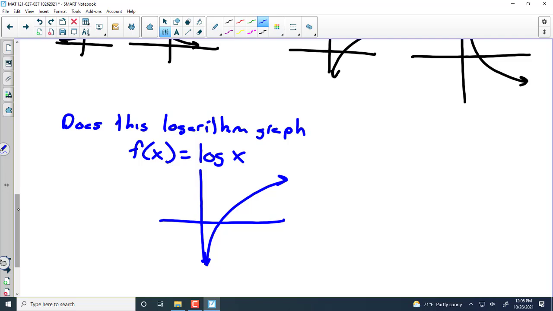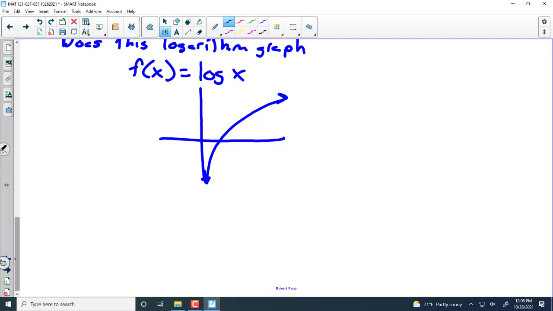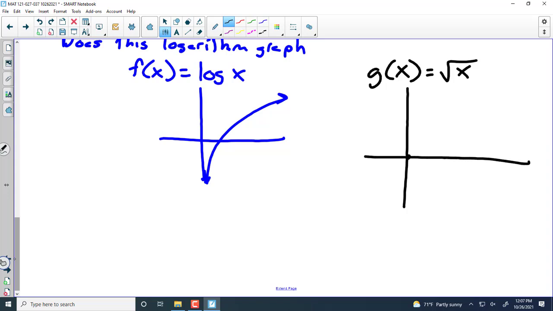Not x squared, x cubed. Does it look sort of like the square root graph? I'm not saying they're the same graph, but does it look sort of like the square root graph to you? Yeah, it does to me too. It's got some different features on it. It starts in a different place, but I would say those graphs look kind of similar to me.